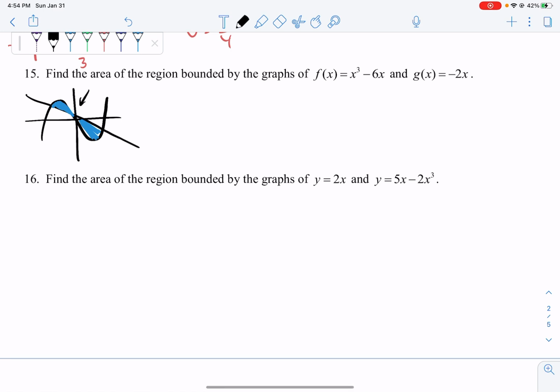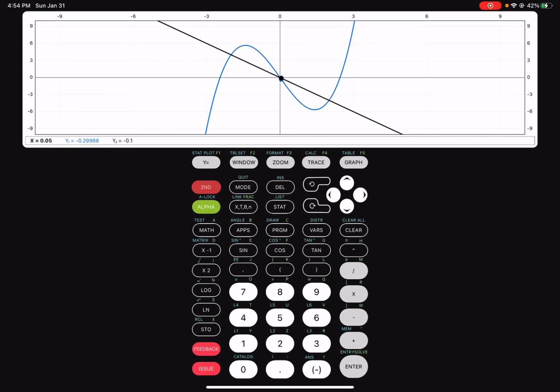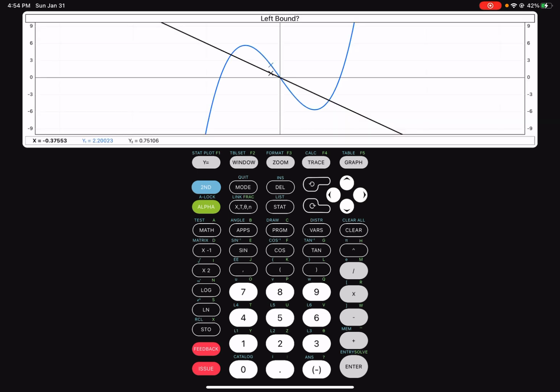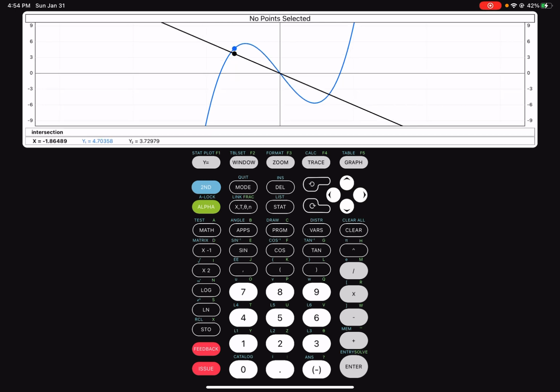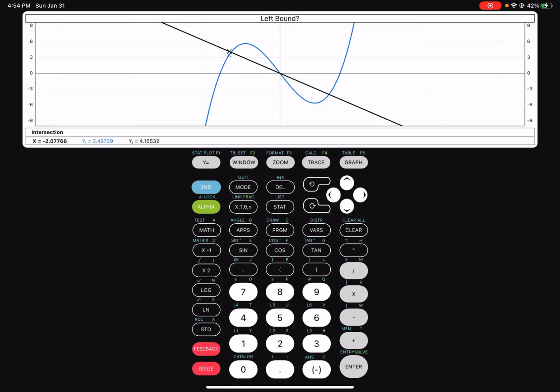So I'm looking for my endpoints, right? On the calculator, I would go to my graph, second trace, intersect.